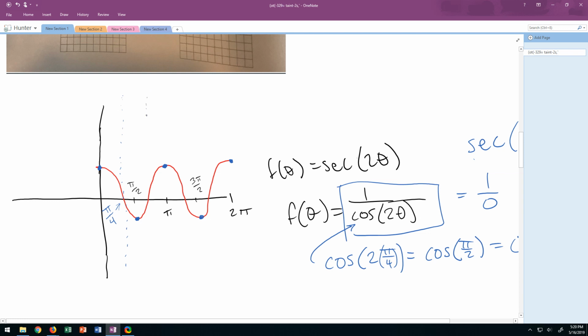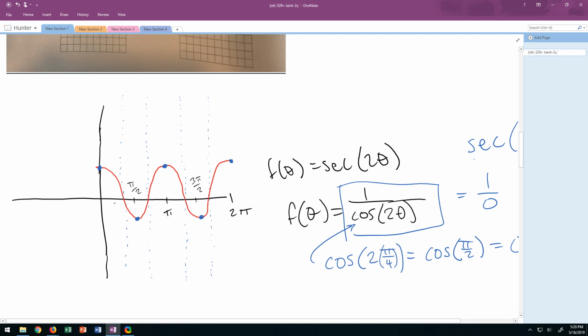And I'm also going to draw a dotted line everywhere where the cosine intercepts the x-axis. I'm going to do this because I know the secant is undefined at these locations. The secant is 1 divided by the cosine, and the cosine at these places is 0. So the secant is 1 divided by 0, and that's undefined. Well, shoot. Boy, look at that.